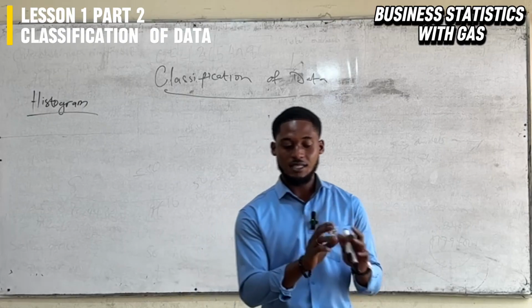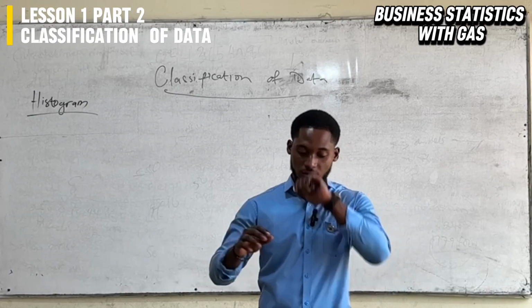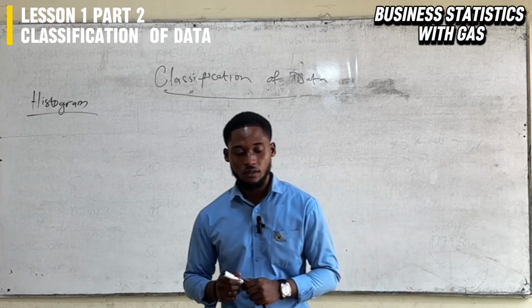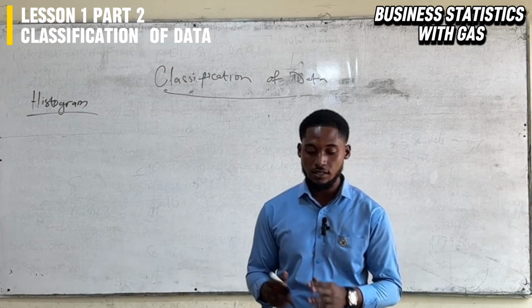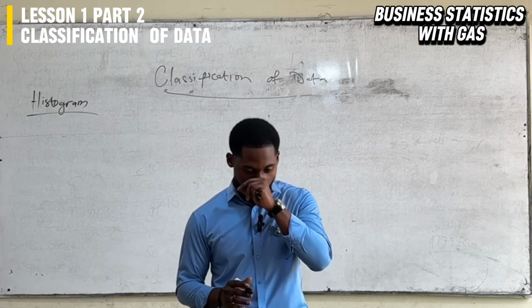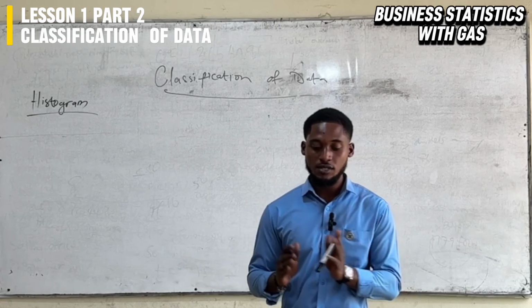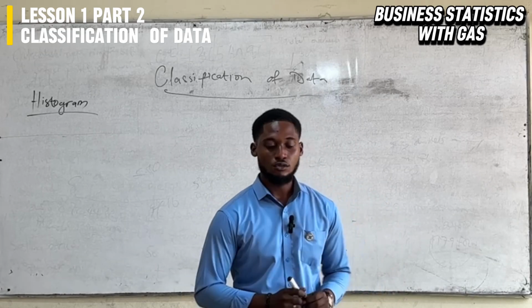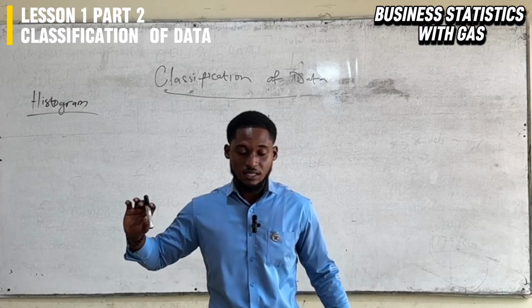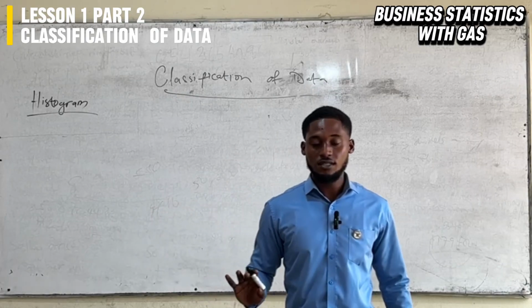The class intervals are 10 to 19, 20 to 29, 30 to 39, 40 to 49, and 50 to 59. The data is being shown on your screen. The frequency is beneath it.